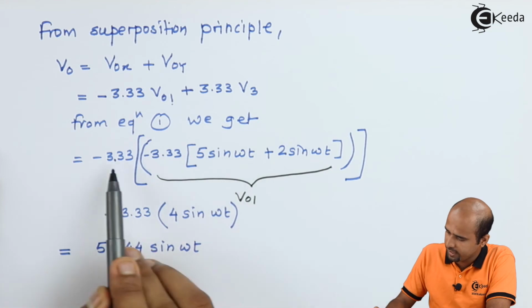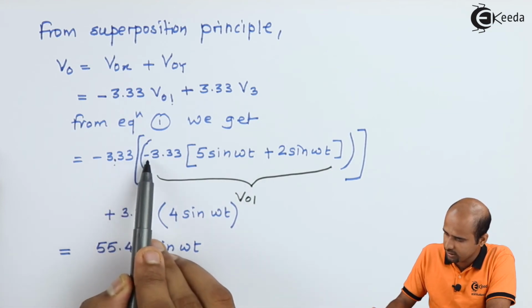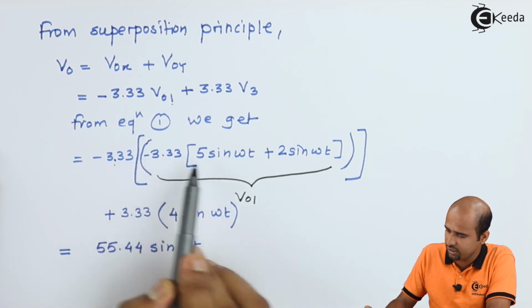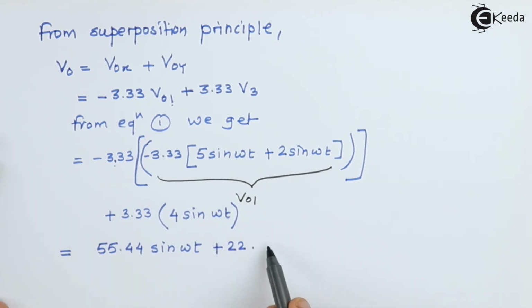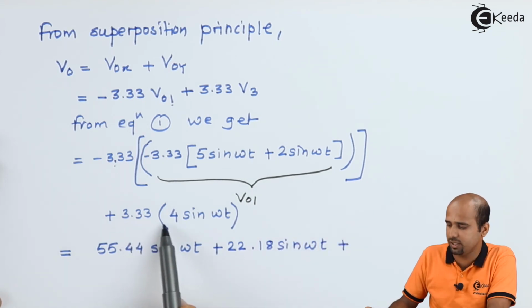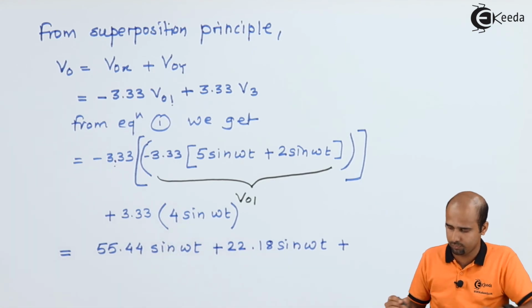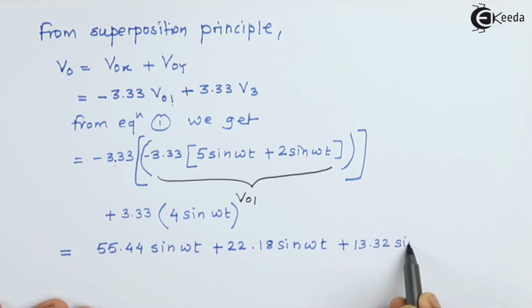Then we will be getting minus 3.33 minus 3.33 multiplied by 2. And plus 3.33 multiplied by 4. And just calculate these three terms, you will be getting something in the form of sine of omega t as your output voltage.